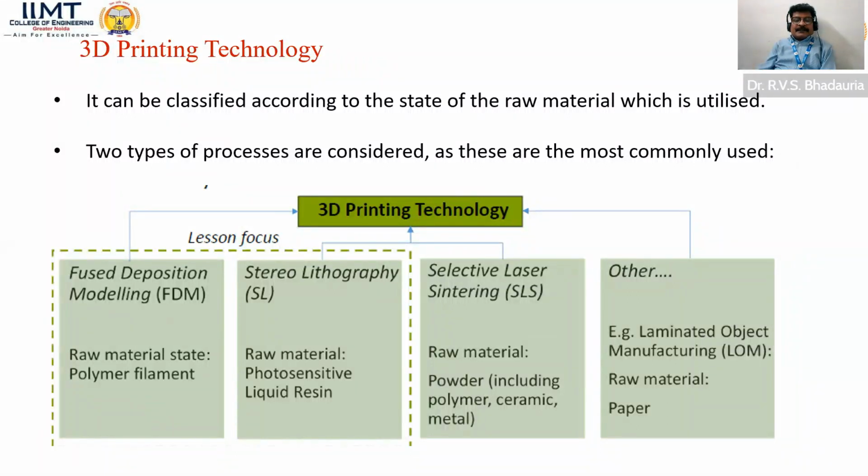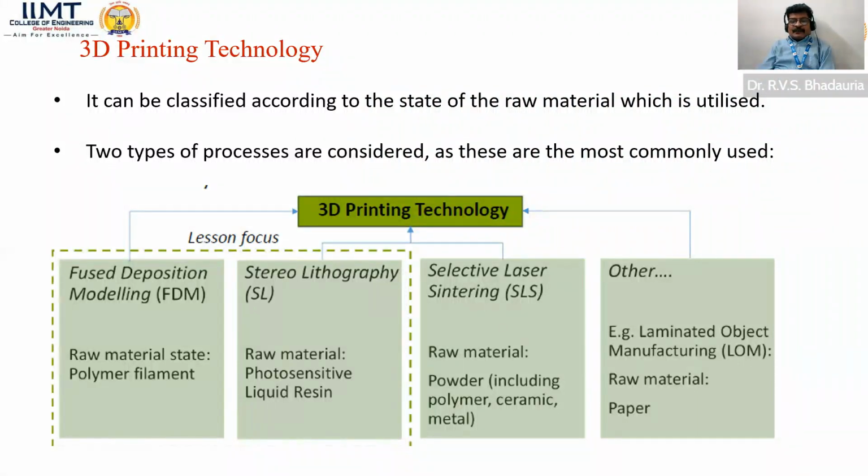This classification depends upon the raw material. In FDM, the raw material is polymer filament. Next is stereolithography, SL, and the raw material is photosensitive liquid resin.